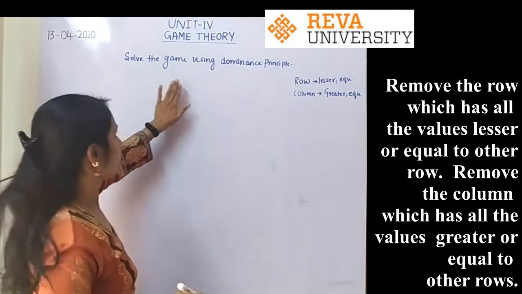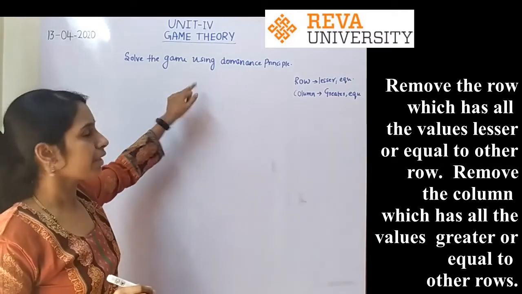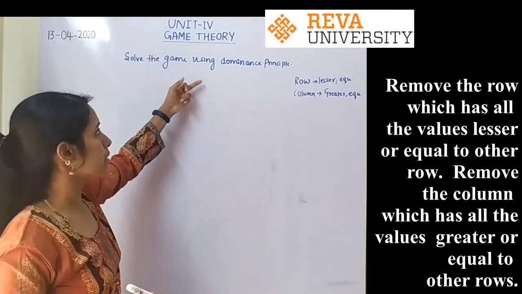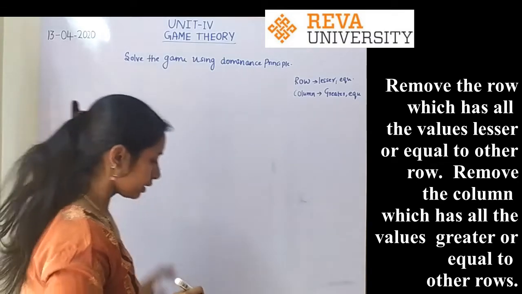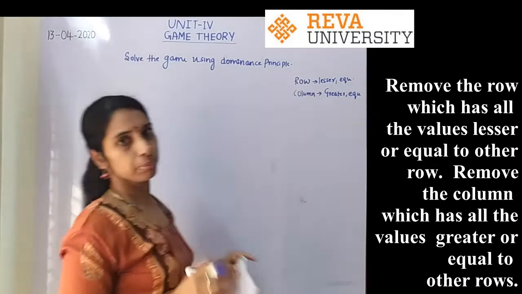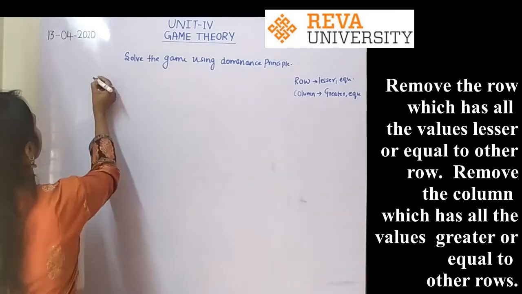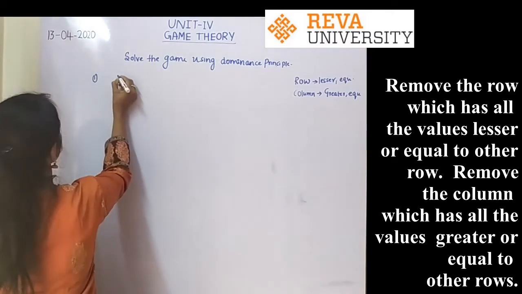So this is what we have learnt in the dominance principle. The more complex problems we'll see later. First let us consider a very simple problem, how to solve using the dominance principle.